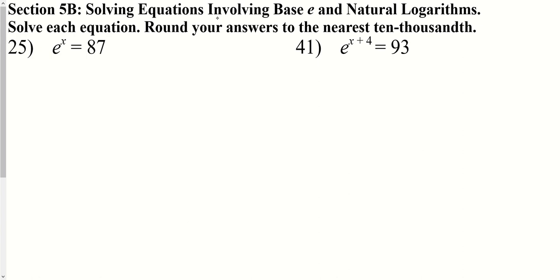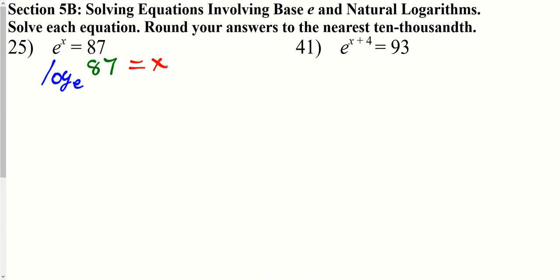So when we look here, we have our part with the exponent on one side by itself, so we can go ahead and use our definition of a logarithm. We can go log of our base of e of our 87 is equal to x.